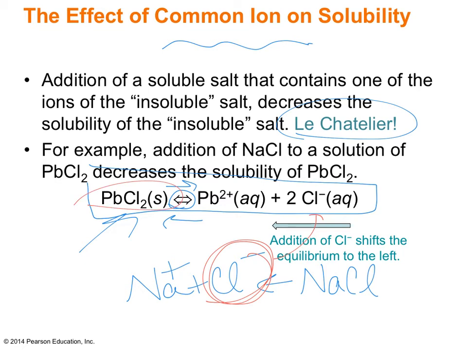It is a common ion, and so by essentially adding more of the product, if you think of Le Chatelier, what happens when you add more product? Le Chatelier says equilibrium will shift left toward reactant to get rid of that extra product.